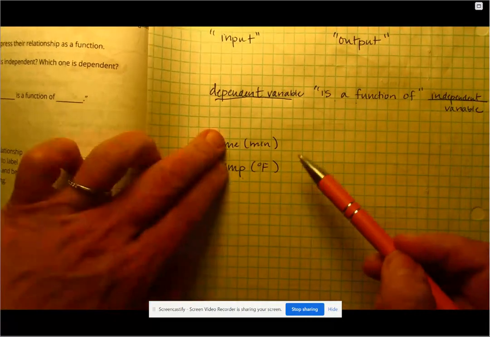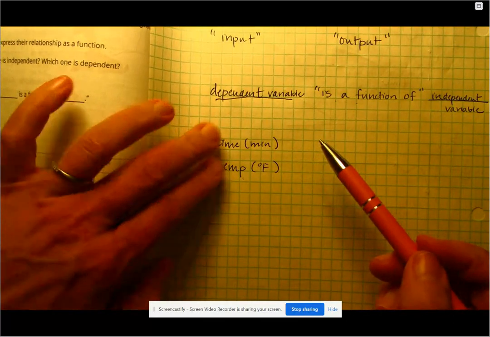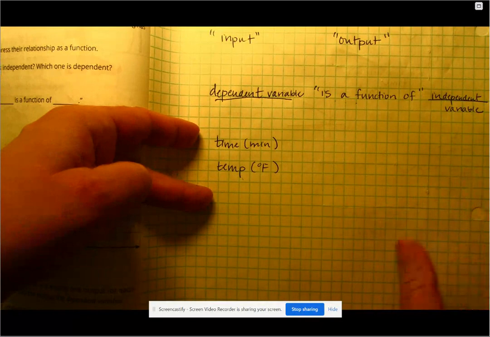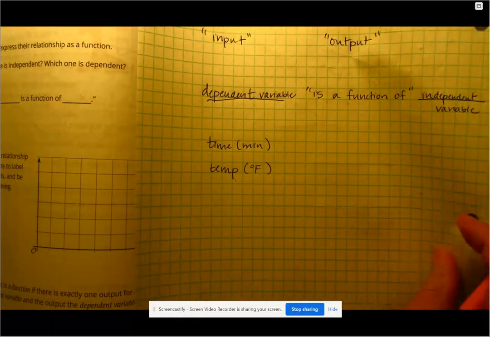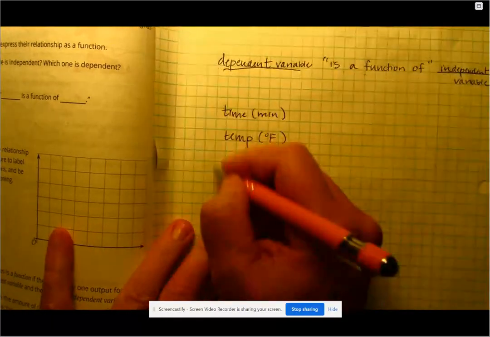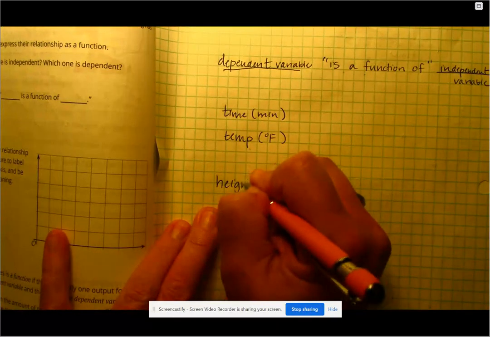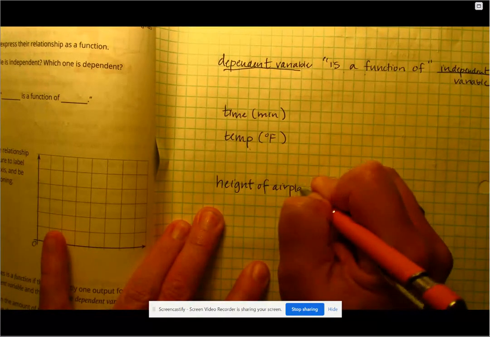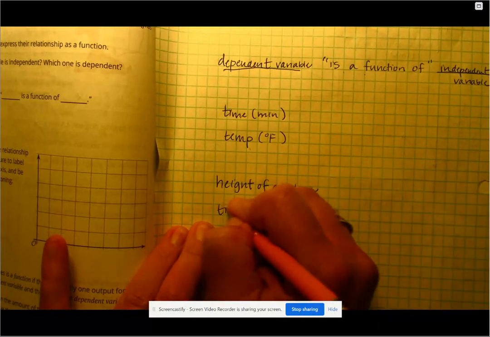So sometimes you can maybe get creative and flip it around, but oftentimes if you flip it around, it's not a function. They give an example of like the height of an airplane. The height of an airplane, so it's altitude and time.